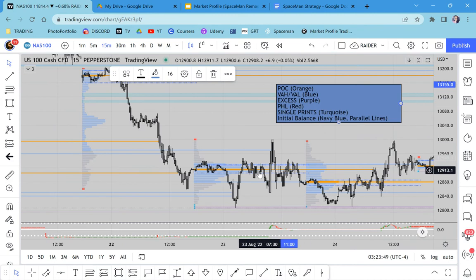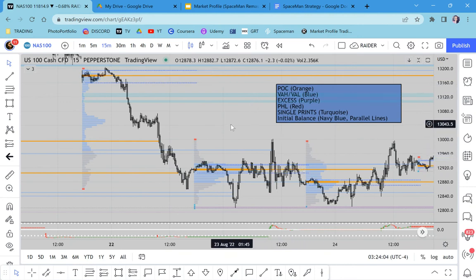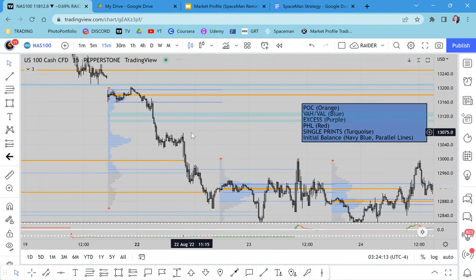If you just identify what the POCs are, value area highs and lows, the excess, the poor high, poor low, single prints, and the initial balances, you can definitely use that to your advantage. So just take some time on the weekend, a couple of hours, mark up your charts, and study it.